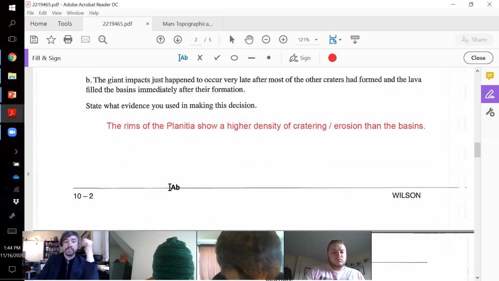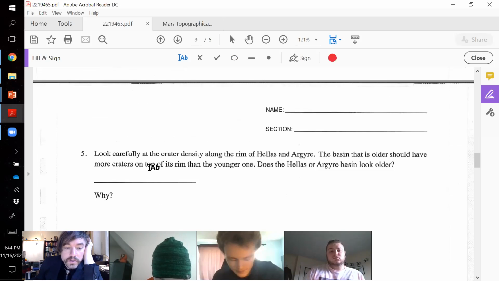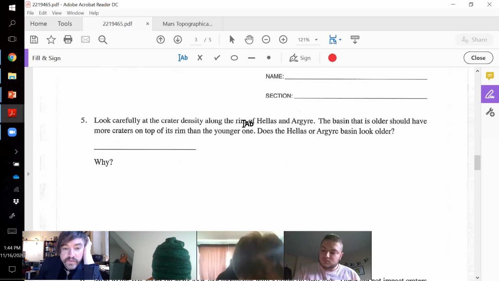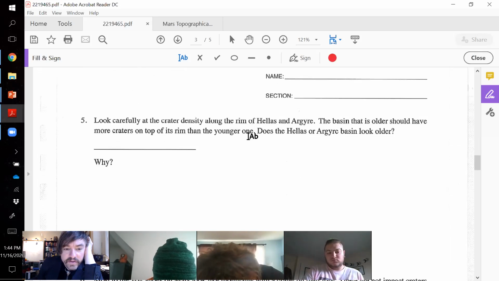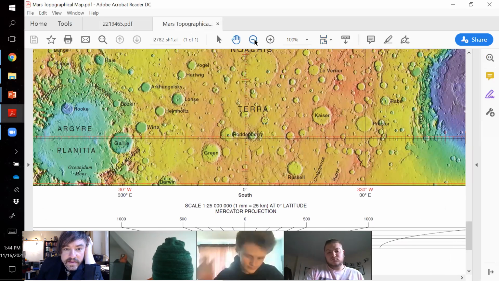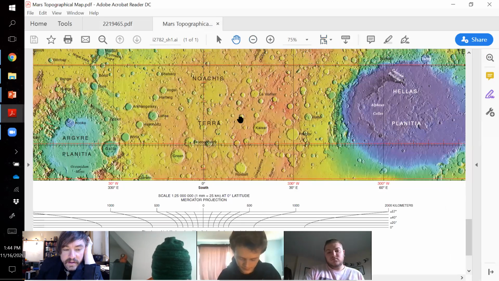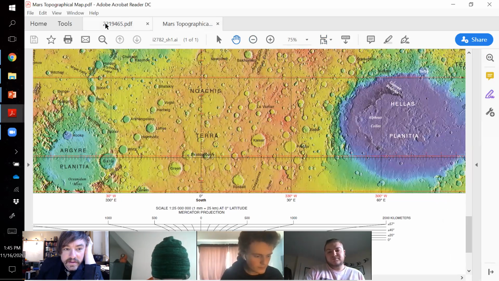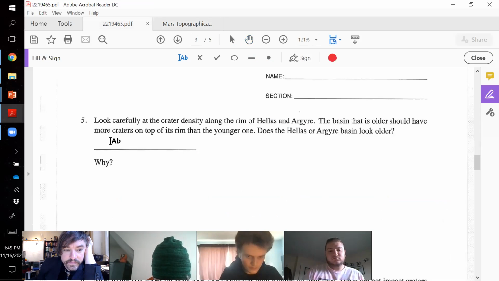I'm all set. All right. Thank you. Look carefully at the crater density along the rim of Hellas and Aeolis. The basin that is older should have more craters on top of its rim than the younger one. Does the Hellas or Aeolis basin look older? What do you guys think based on this image here? Aeolis looks a little bit older to me.